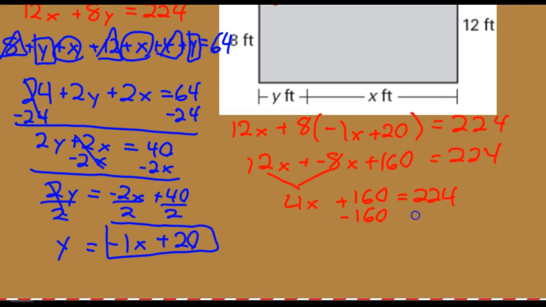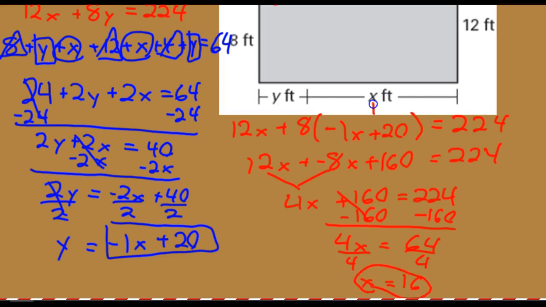Subtract 160. Get 4x equals 64, sorry. And finally 64 divided by 4 gives us a positive 16. So x equals 16.